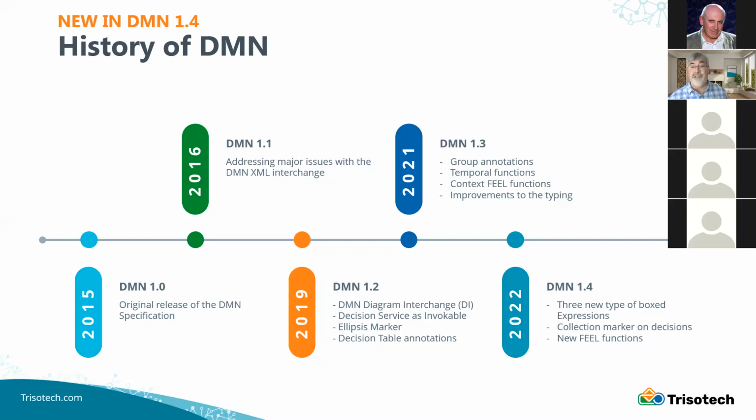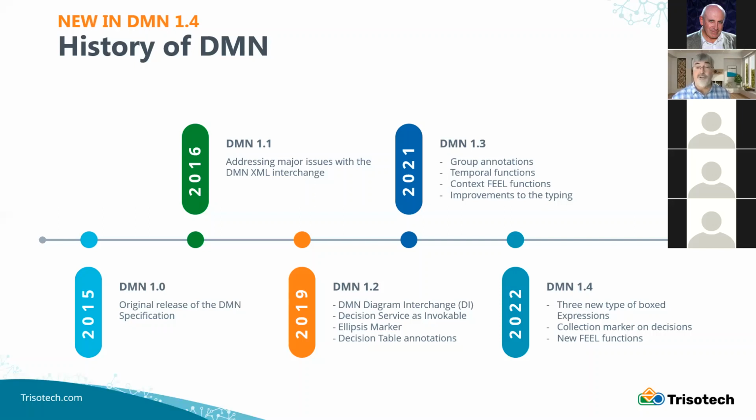Then came out DMN 1.3 in 2021. In DMN 1.3, we tackled the notion of group annotation, so we could put groups that are basically just markers that you put on a diagram. They don't have any real semantic meaning other than annotation on the diagram.